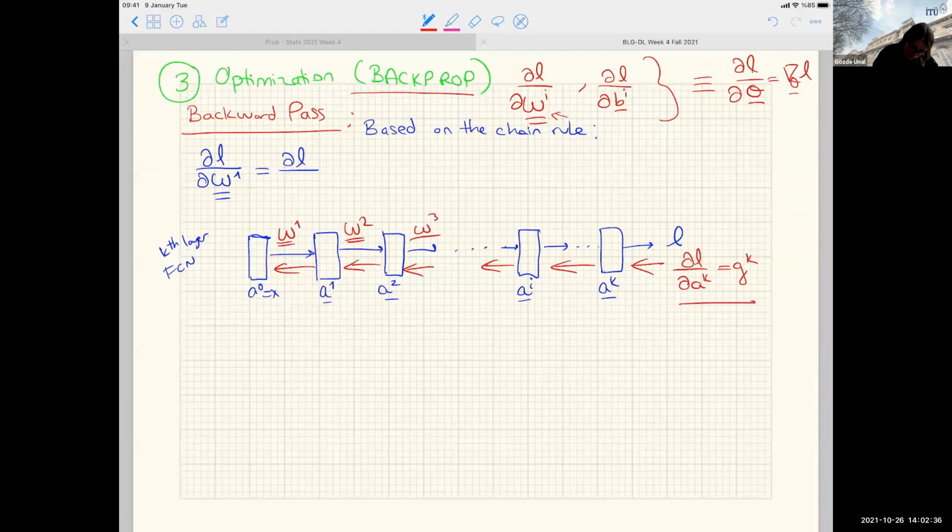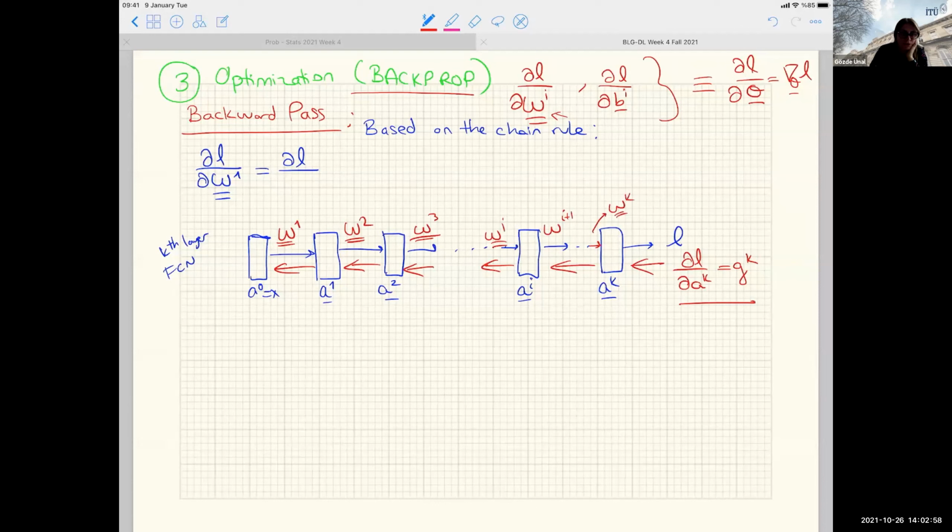So here this would be Wi, plus 1, this is Wi in calculating Ai, and then the last one is WK. So this is what we are after here, del L by del AK.